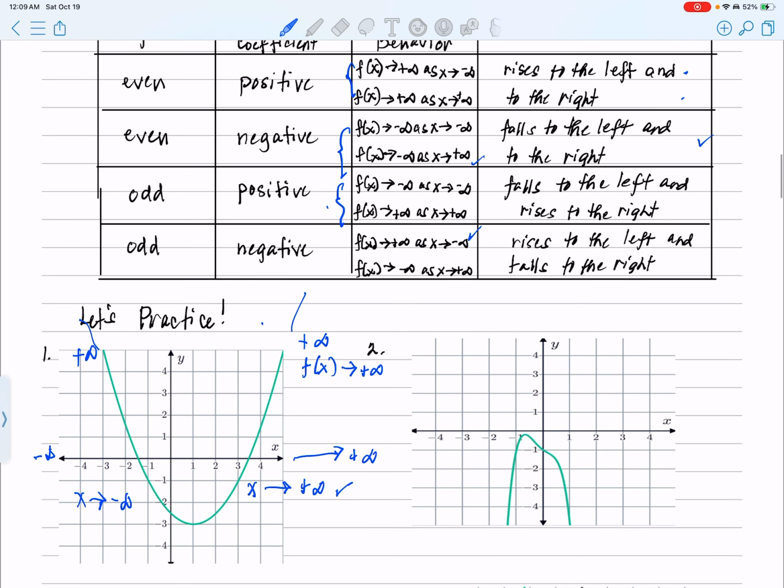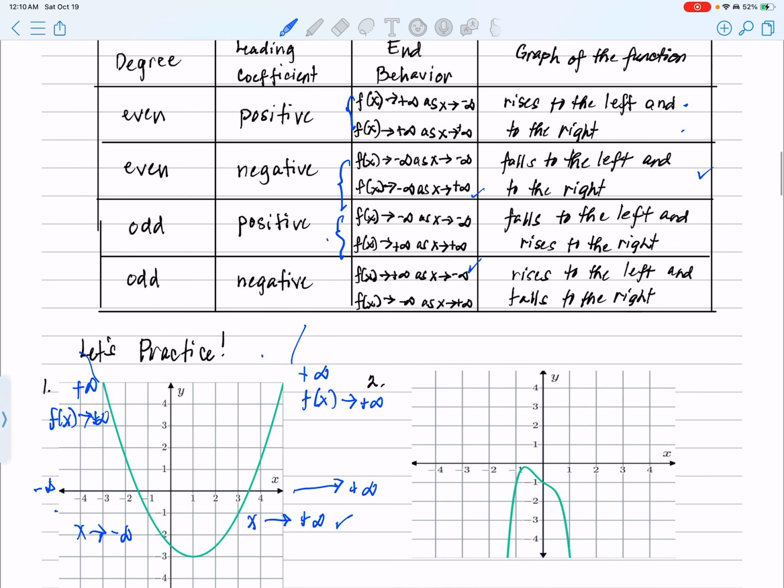While here, as x approaches negative infinity, the function of x also approaches positive infinity. That is what we mean here.